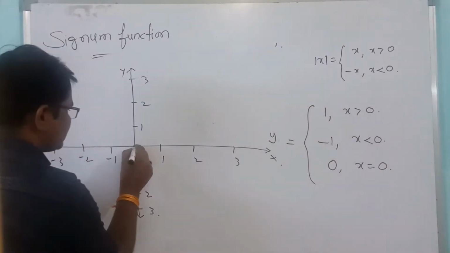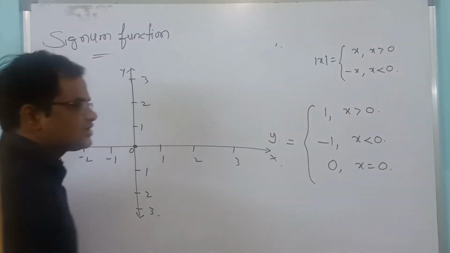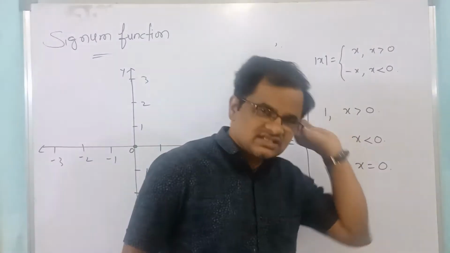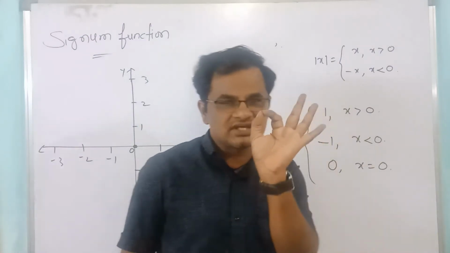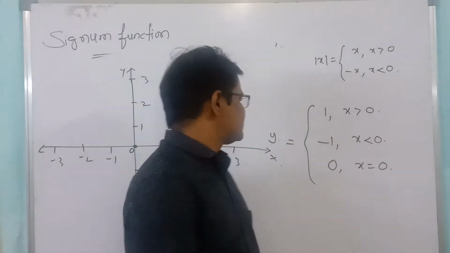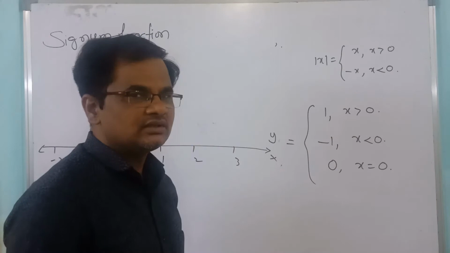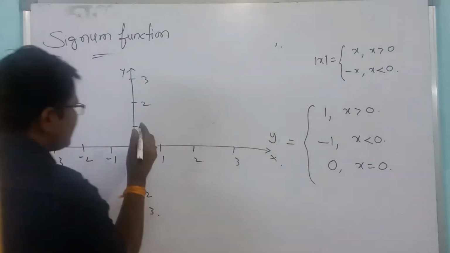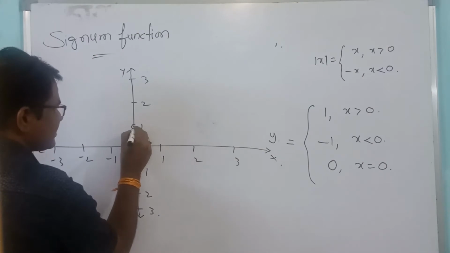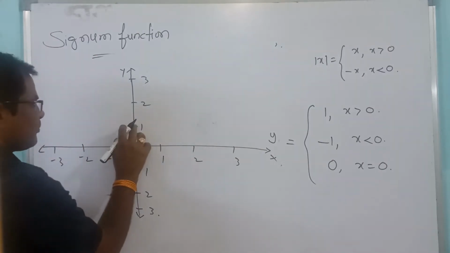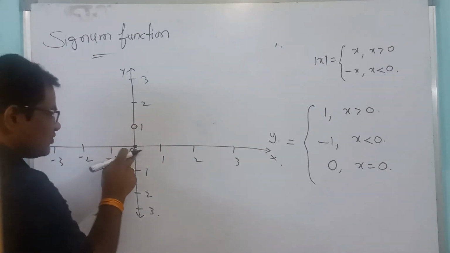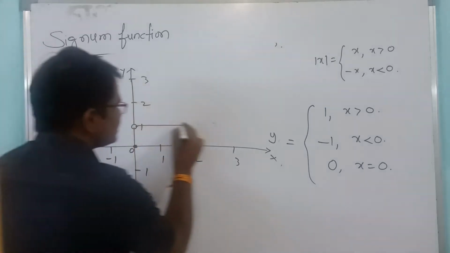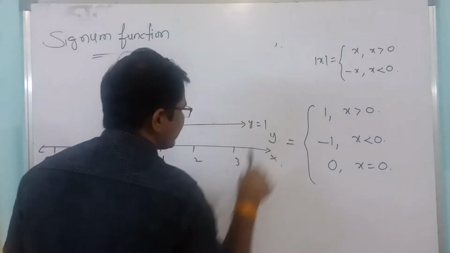So take that point. Next, for all x greater than 0, from 0 onwards, the y value is 1 only. So here you have to take an open circle, because whenever x equal to 0, the y value is 0. So this is y equal to 1.